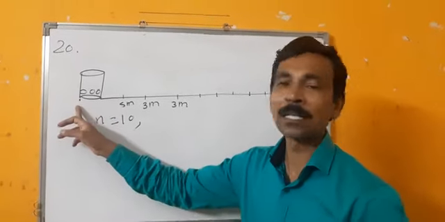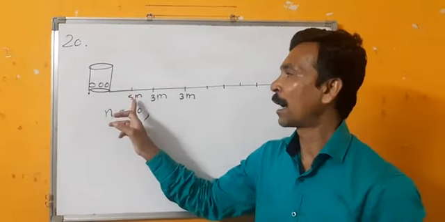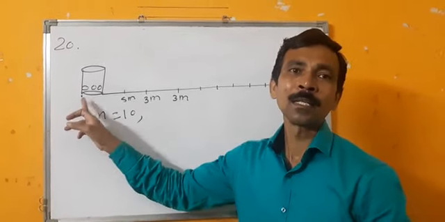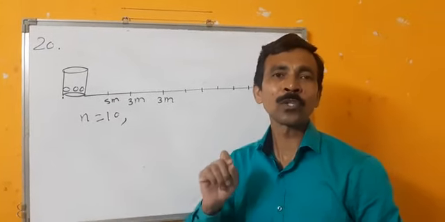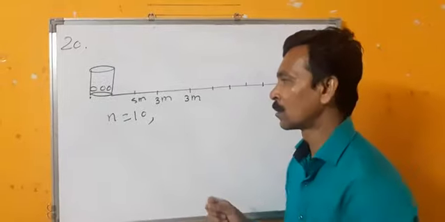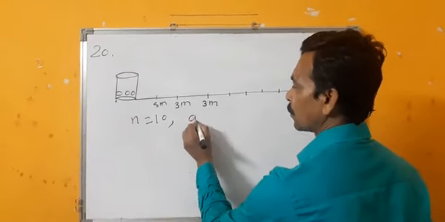If the girl starts from the bucket and goes 5 meters to pick up the potato and runs back to keep the potato, she covers a distance of 10 meters. So a will be how much?